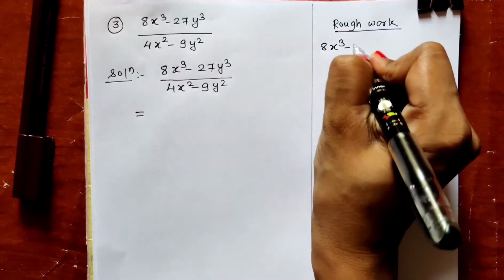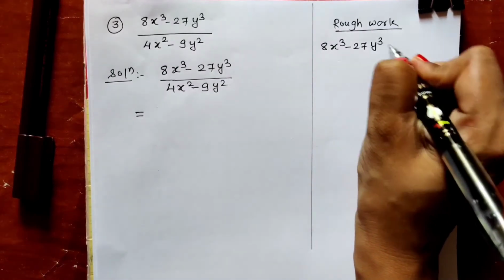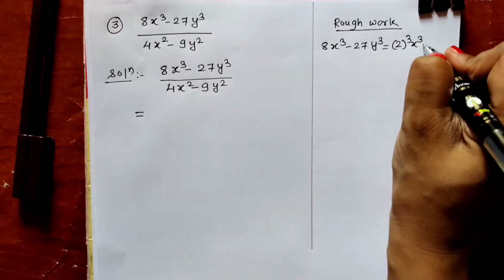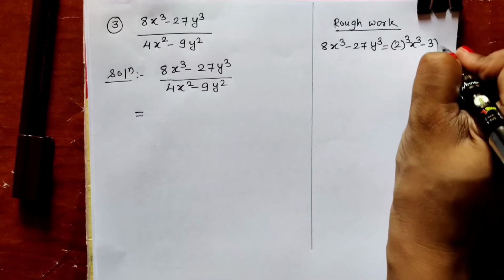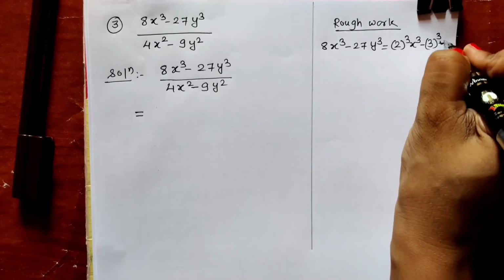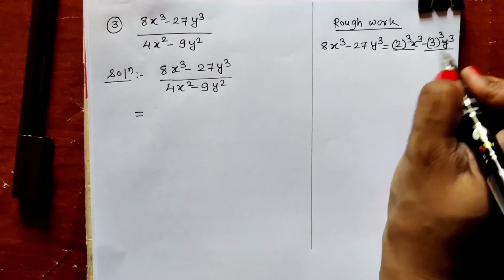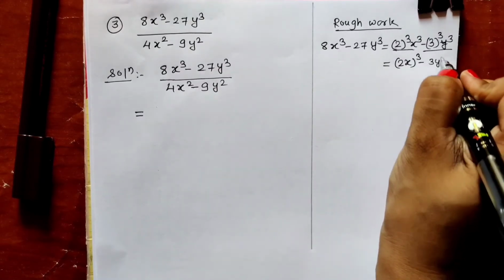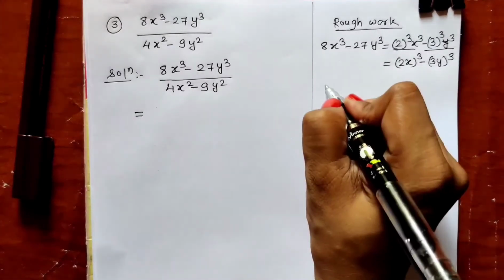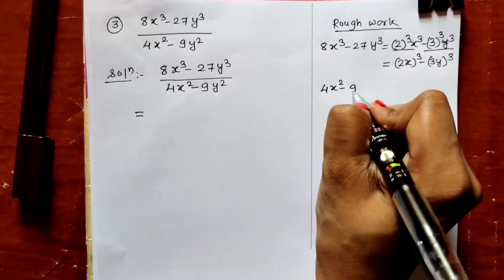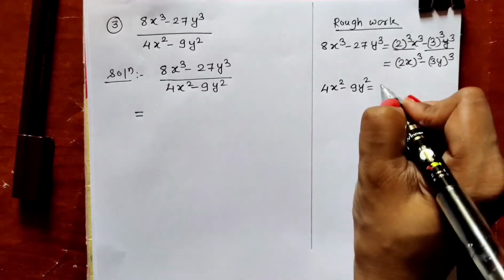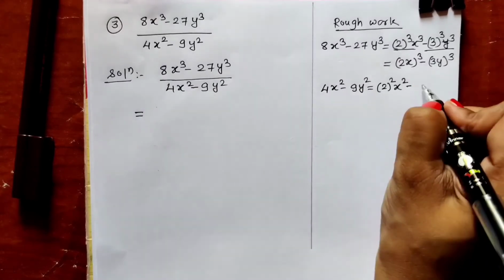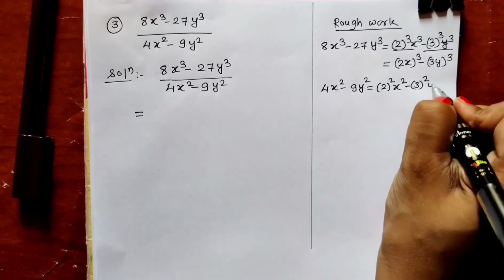8x cube minus 27y cube. It can be written as 2 cube and x cube as it is, minus 27 can be written as 3 cube and y cube as it is. So combined, how can this be written? 2x whole cube minus 3y whole cube. Similarly, 4x square minus 9y square. 4 is square of 2, so 2 square into x square, minus 9 is square of 3, so 3 square into y square.